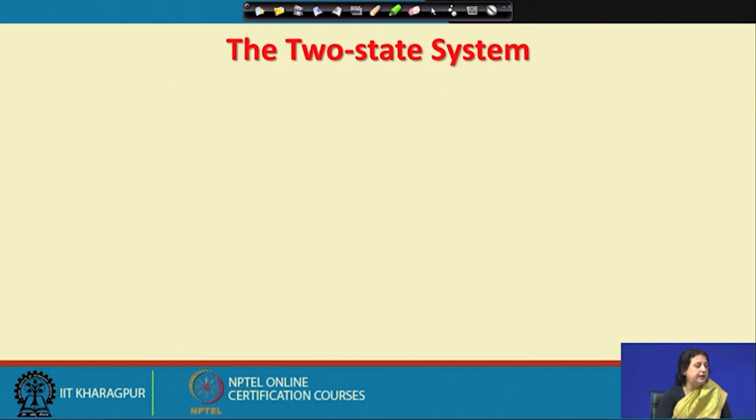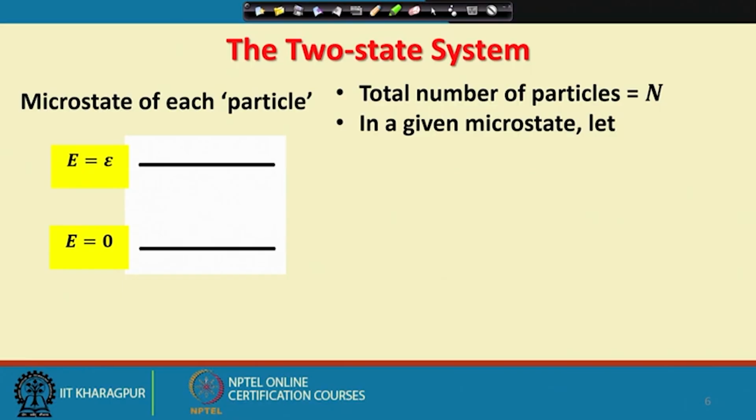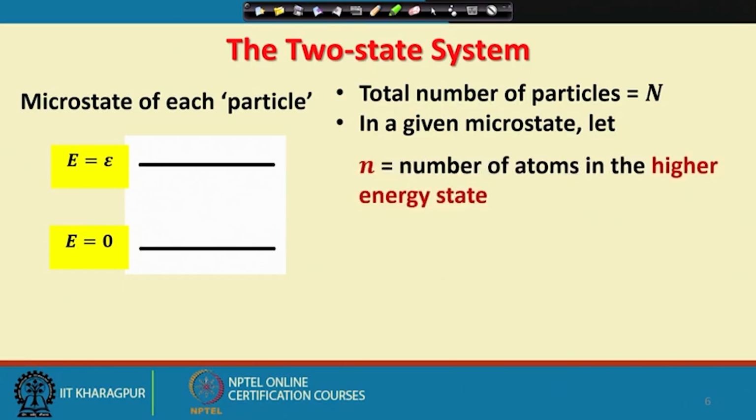In order to do that, we have talked about the microstate of each particle, and we know that the total number of particles is equal to n. Now, in a given microstate, let me indicate by this number small n the number of atoms in the higher energy state.